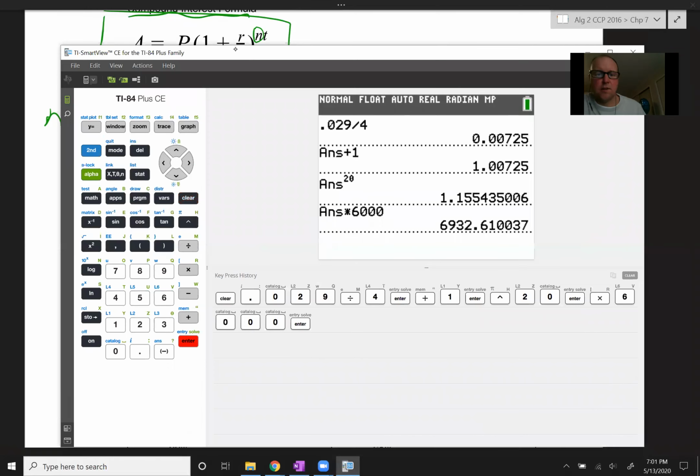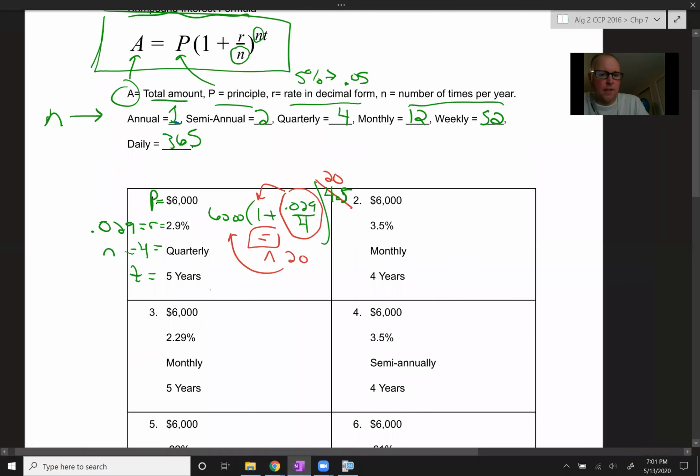In comes the answer, 6,932.61. So that's what we're after: $6,932.61. So that's how it works.